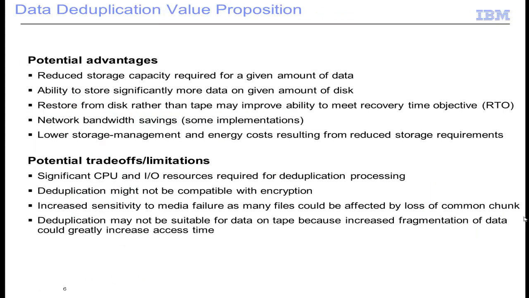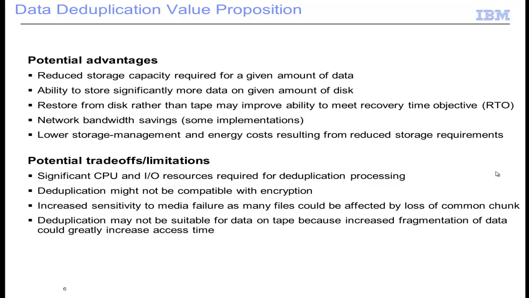Some of these advantages of deduplication have to do with reducing the amount of storage that's required on the TSM server, the ability to store more data in the same amount of space because you're reducing redundant blocks, the ability to restore data from disk because we're storing this deduplicated data out on disk instead of having to pull it off of tape, the ability to save network bandwidth when we do things like client-side dedupe because we're sending less information across the network to the TSM server.